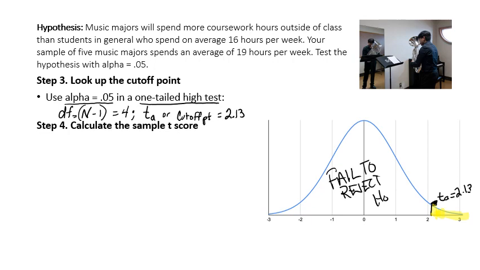Let's go on to step 4, which is calculating the sample t-score. And you'll see here that the formula for t, this should be lowercase, is the sample mean minus the population mean divided by spread. And if that looks familiar, it should, because it's exactly the same formula as calculating the z-score.